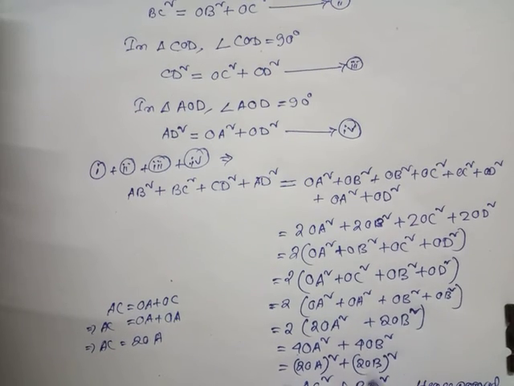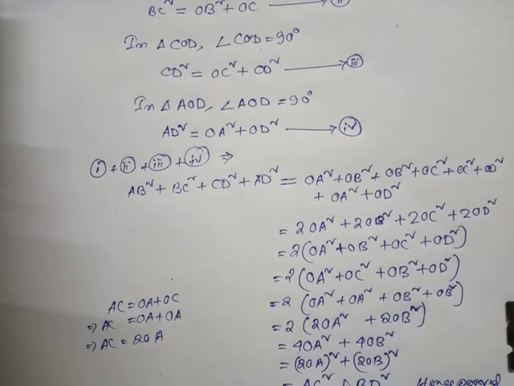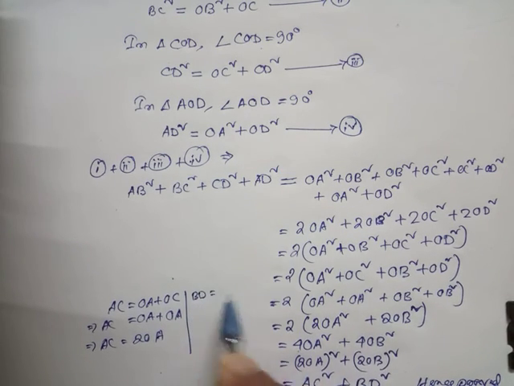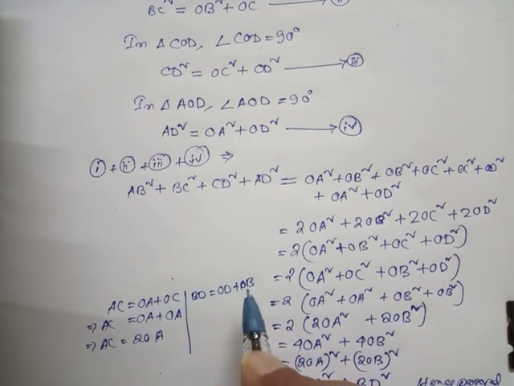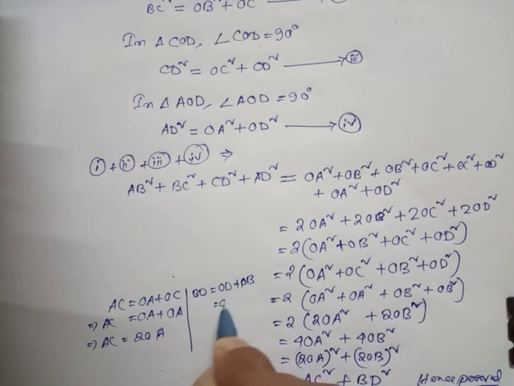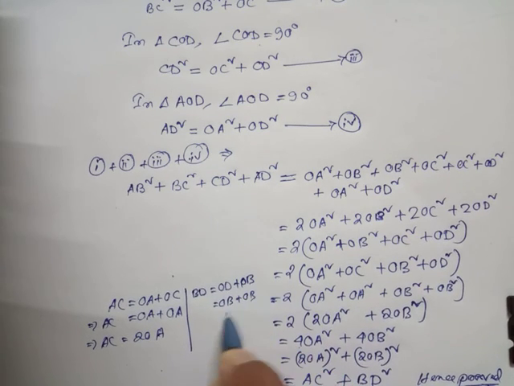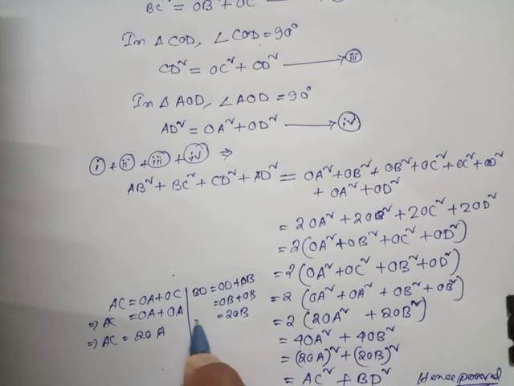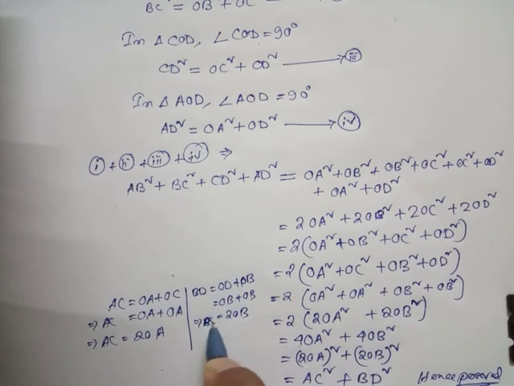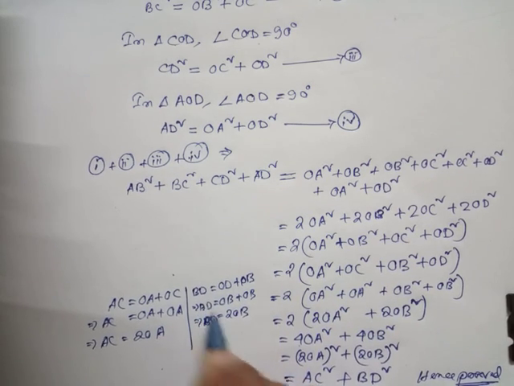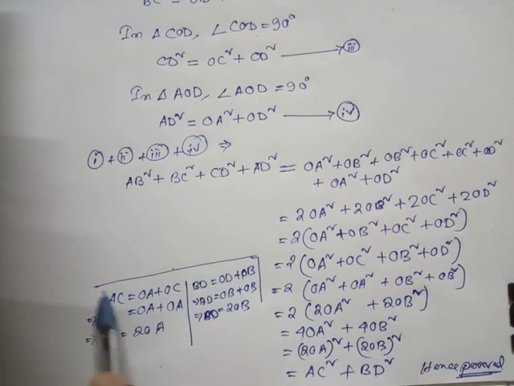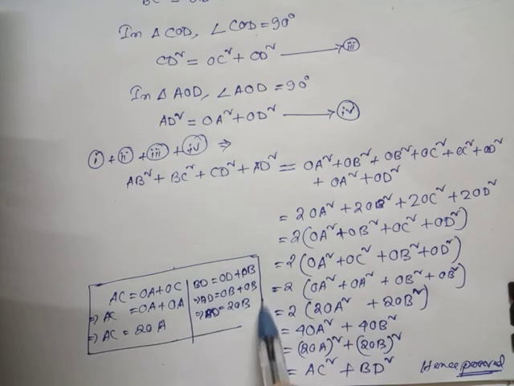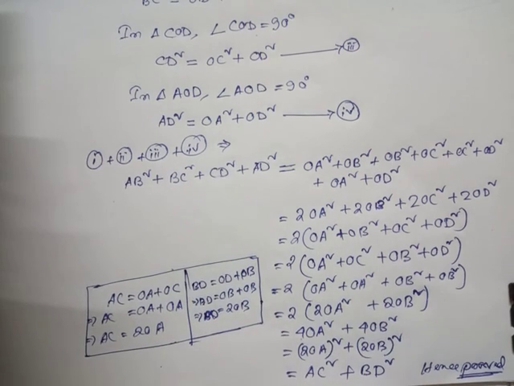Similarly, in case of BD also, if we write BD equal to OD plus OB, since OB equal to OD, in place of OD I can write OB, which means there is 2 OB in place of BD. That's why here I have written AC and BD. This is the rough part I have done here to make you understand this question.